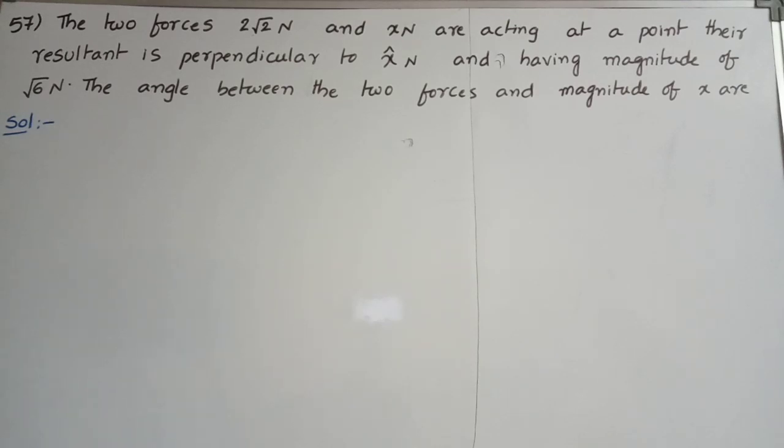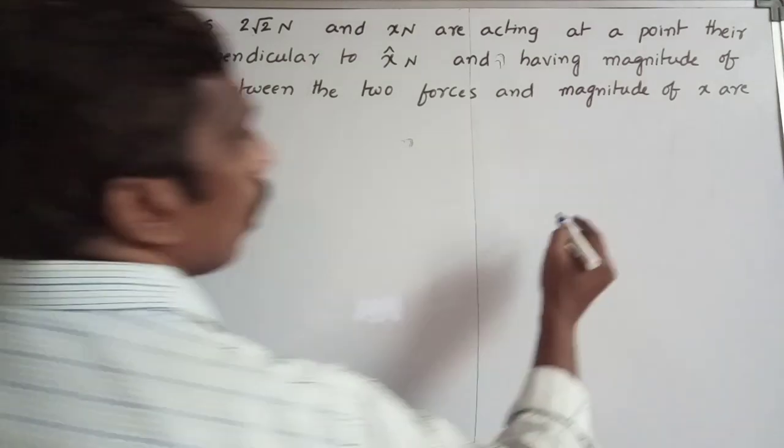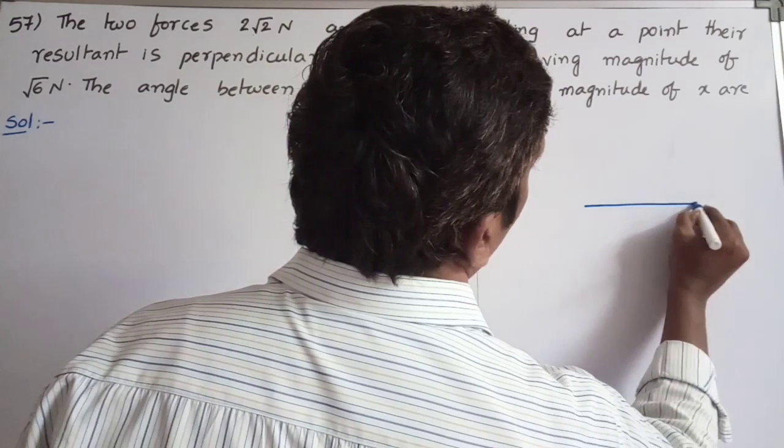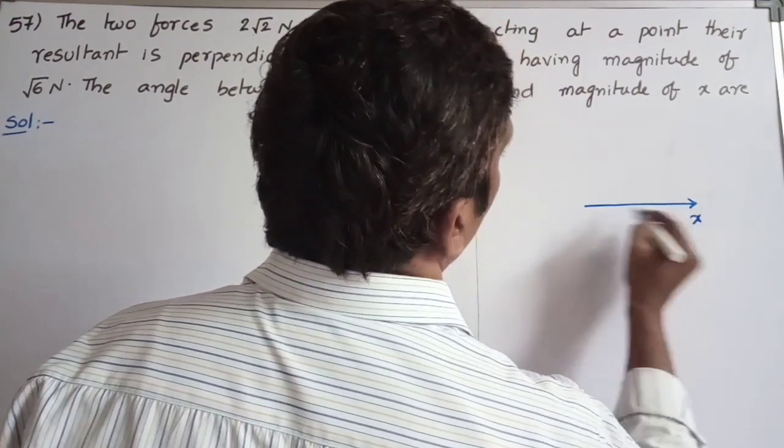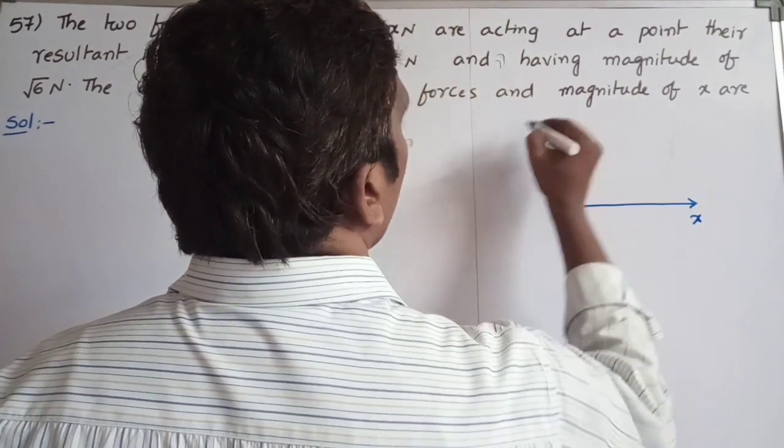Problem number 57. The two forces 2 root 2 Newton and x Newton are acting at a point. Their resultant is perpendicular to x Newton and having magnitude of root 6 Newton. The angle between the two forces and the magnitude of x are. Here, two forces, one is taken as x and another one is 2 root 2.